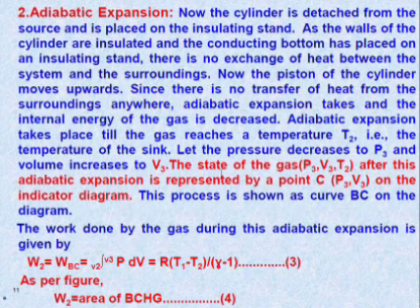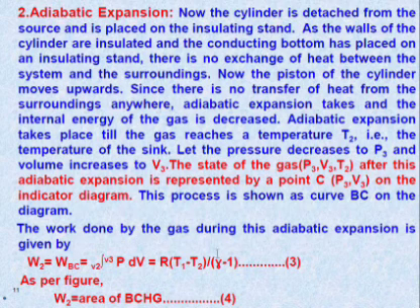Adiabatic expansion takes place till the gas reaches a temperature T2, that is the temperature of the sink. Let the pressure decrease to P3 and volume increase to V3, then the state of the gas can be represented by P3 V3 T2. After this adiabatic expansion, it is represented by a point C P3 V3 on the indicator diagram. This process is shown as curve BC on the diagram.